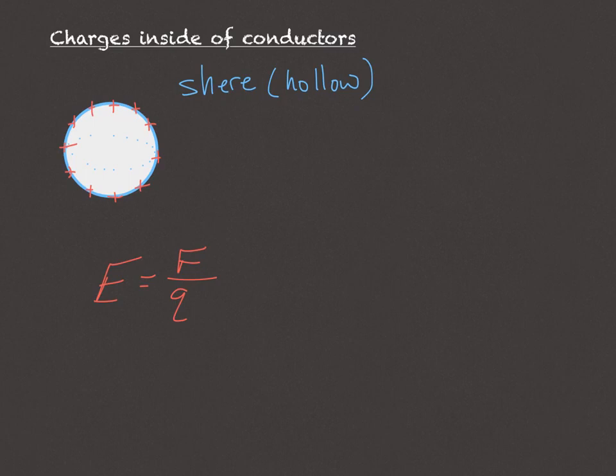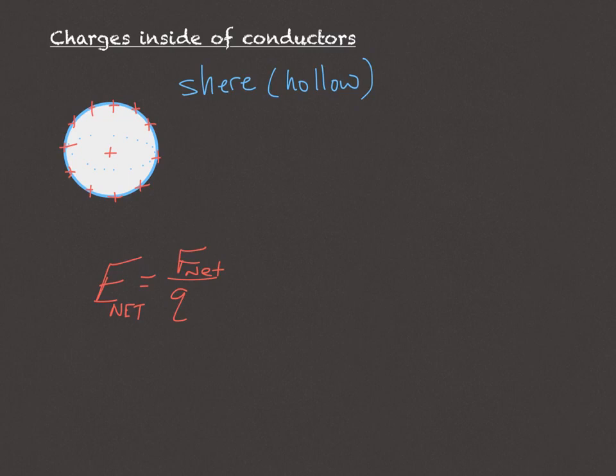When there is no change in the object's motion, we know from Newton's first law that there has to be balanced forces, so the net force would have to equal 0. Well, if there's no force on the charge in the space that you put it, then the net electric field would also have to be 0.